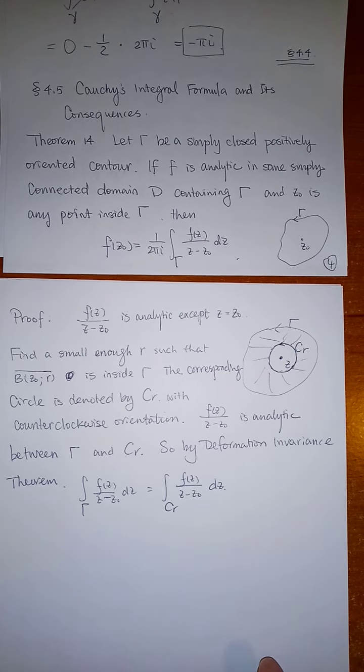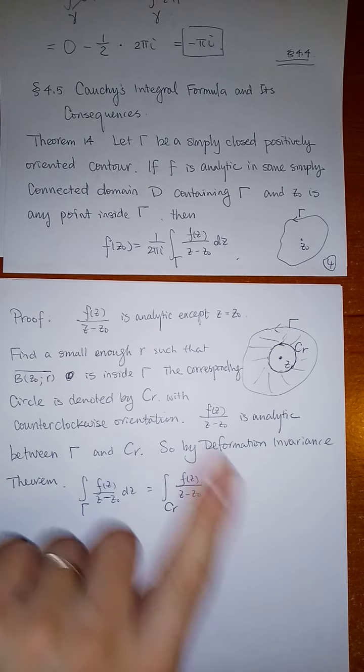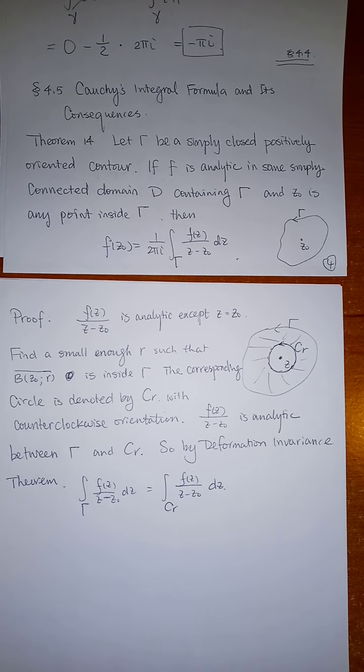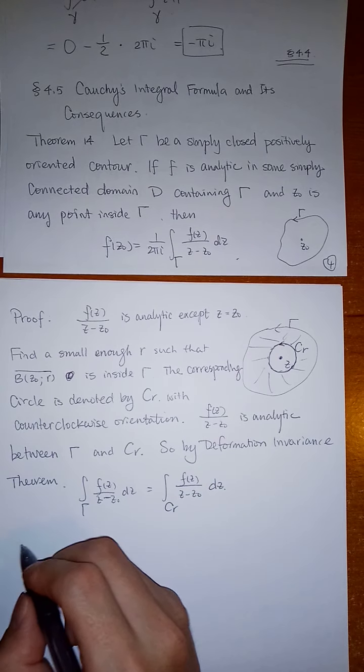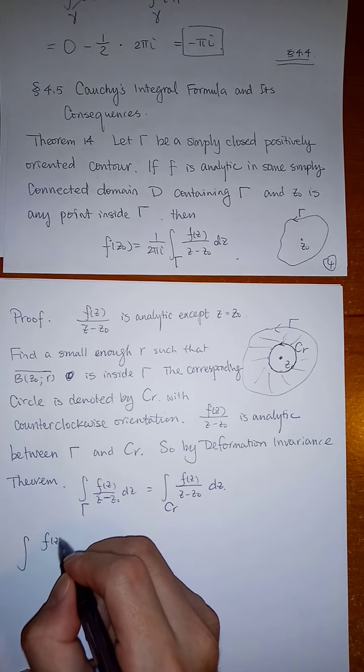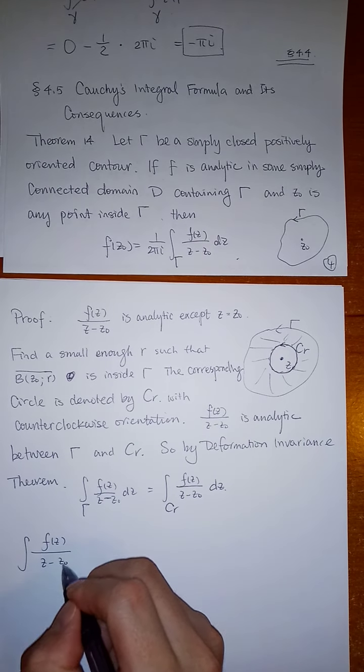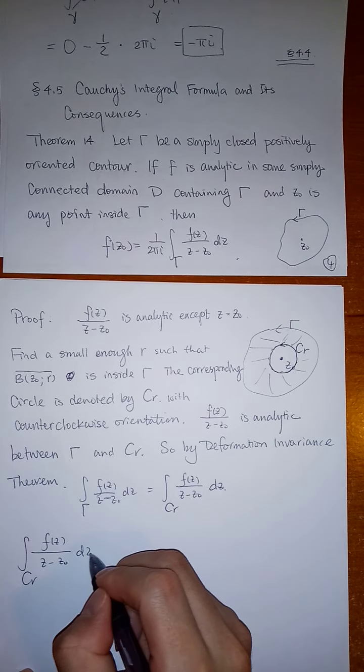Okay, so that's the first step. We don't want an irregular gamma, so we want a regular gamma. Okay, once we have the regular gamma, let's check. We're going to evaluate this integral of f(z) over z minus z0 over C_R dz.